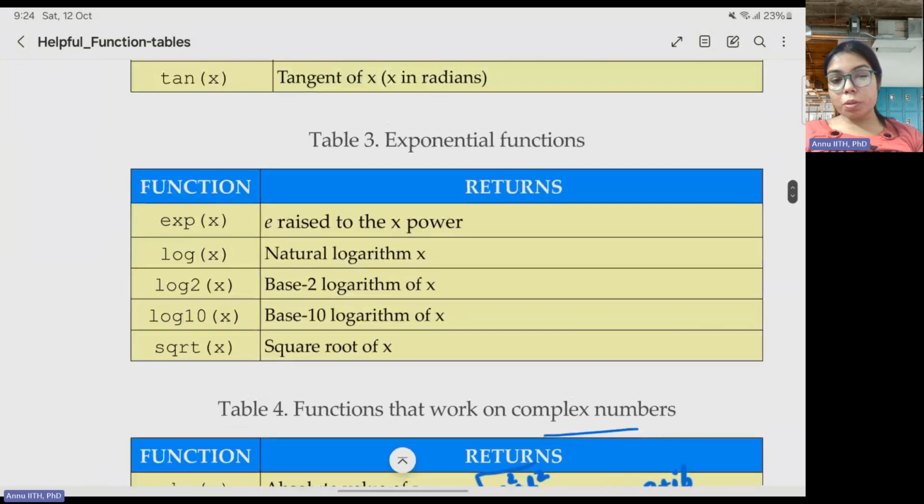What if you want to square it? You have to use dot, caret, square, two. Matrix multiplications.